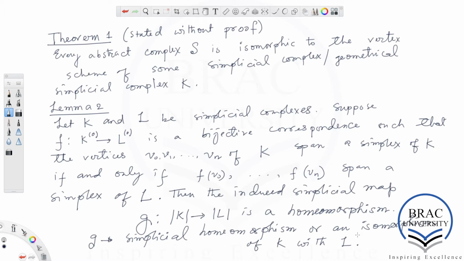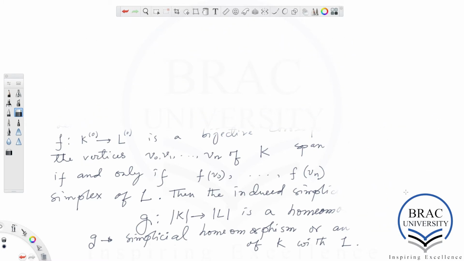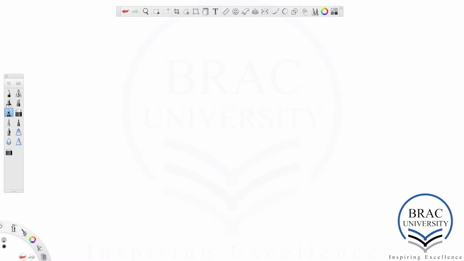Now the third lemma, which defines a simplicial map. Lemma 3. Simplicial map.